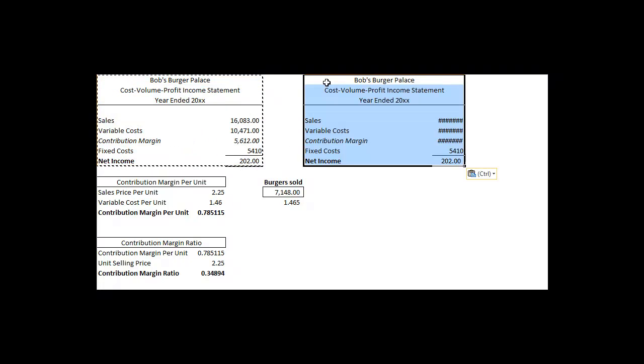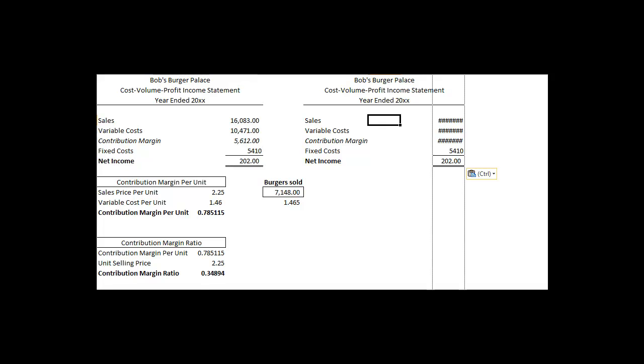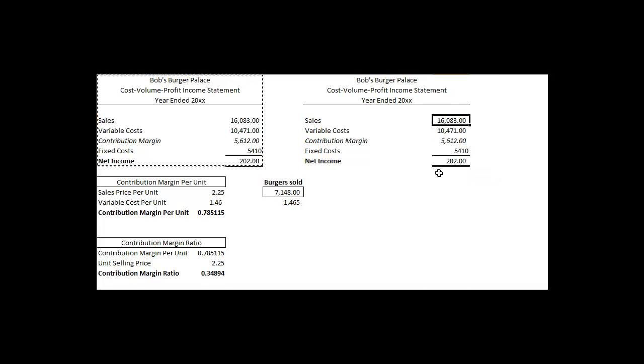So the problem also asks us to determine what would happen to this net income if we sold $500 more in hamburgers. Let me show you a couple of ways on how to calculate this. First, I'll just take this income statement, copy it over here, and I'll say, okay, now it's the next year, and instead of selling 16,083, we sold 16,583 because we sold $500 more of hamburgers.